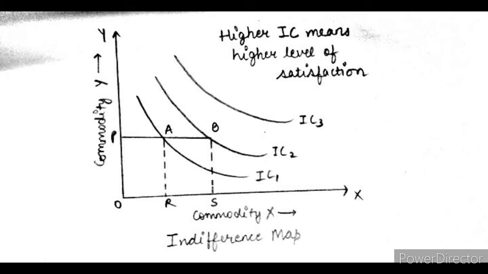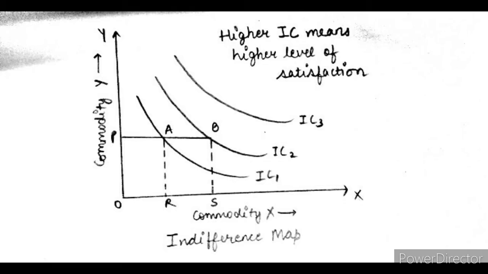Looking at these points, commodity Y is the same in both bundles A and B, but commodity X is more in bundle B. So we choose bundle B because it provides more of the commodity to the consumer.